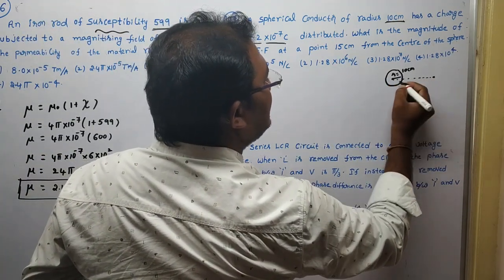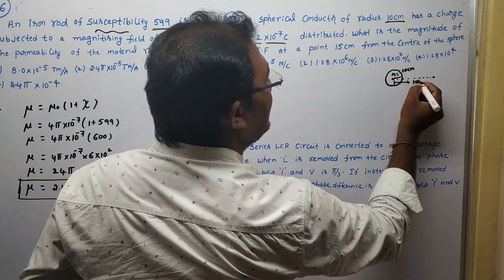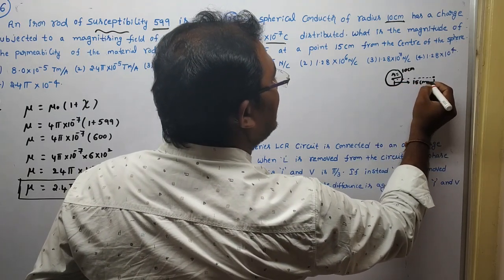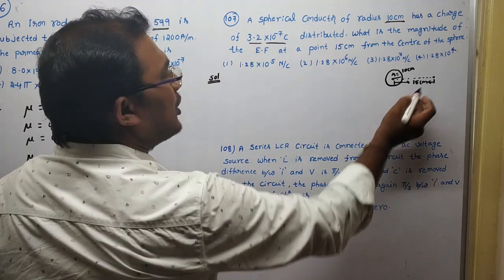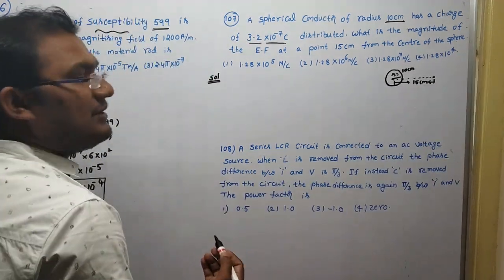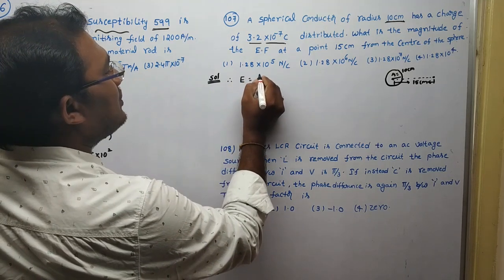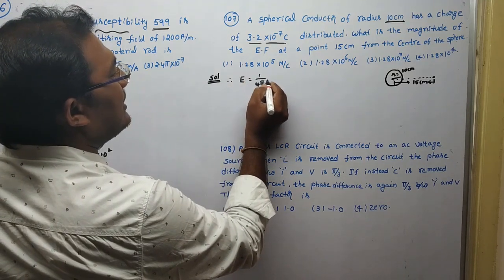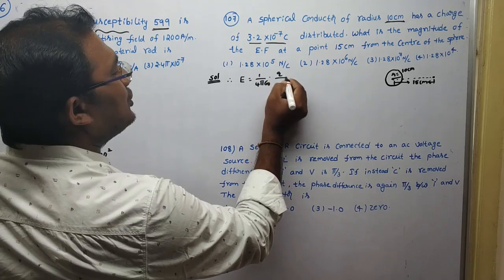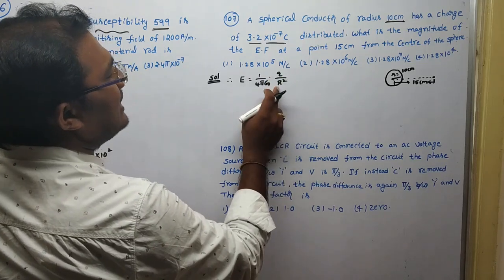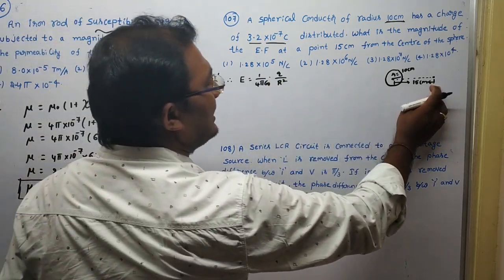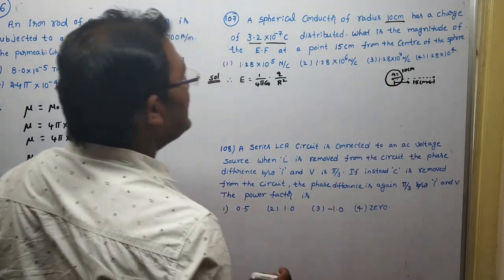Here is the point which is at a distance 15 centimeters from the center of the sphere. Then at that point we have to calculate the electric field. We know that the electric field E equal to 1 by 4 pi epsilon naught into Q by R square, where R is the distance of a point from the center of the sphere.